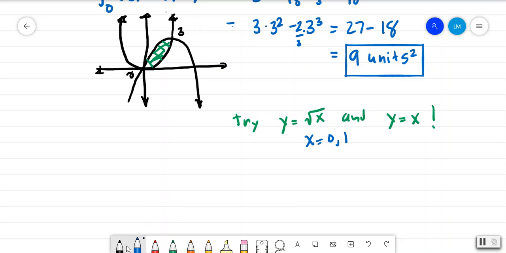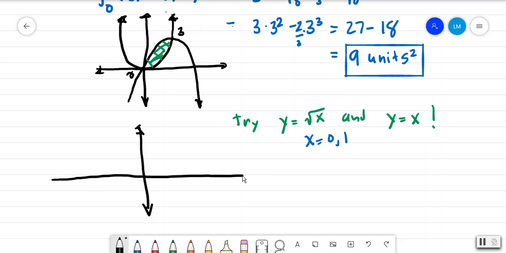Now, the thing which I'm going to leave you with is that, okay, so let's say that, for instance, the curves f and g did happen to intersect. And let's just put something like this.